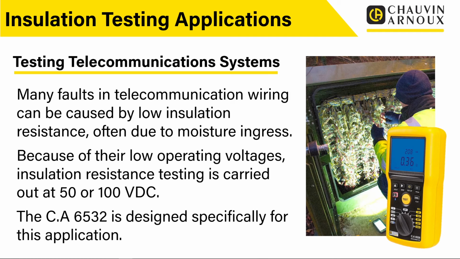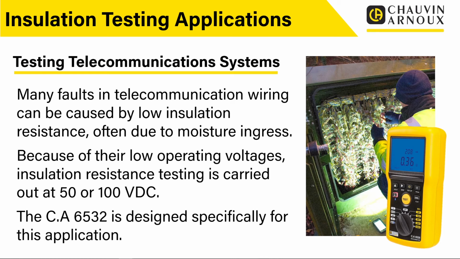So many faults in telecommunications wiring can be caused by low insulation resistance, and this is often due to moisture ingress. So you can imagine we've got a cable going to a property, a normal copper cable going to a property. Under the ground, we've got a bit of a break in the insulation, we've got moisture getting in, so we start to notice we've got problems with the telephone signals. And again, one of the ways to diagnose that would be to carry out an insulation resistance test.